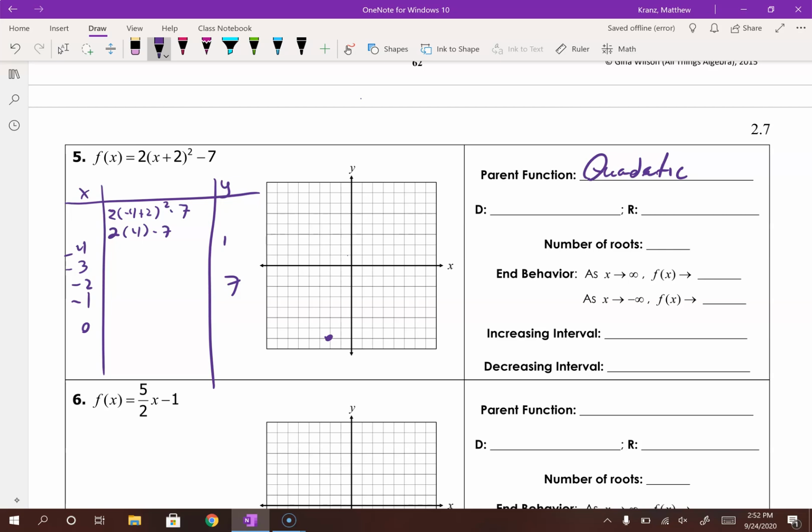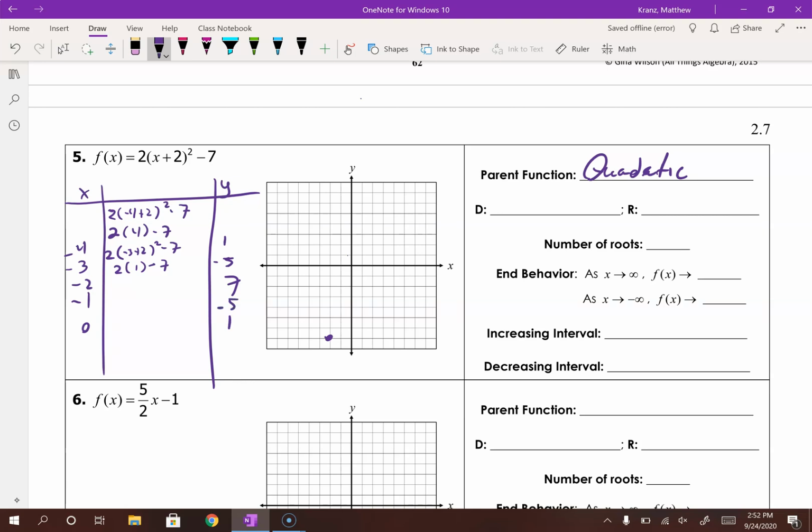All right, so now we have a -3. So 2 times -3 plus 2 is -1 squared minus 7. So 2 times -1 squared, which is just 1. So 2 minus 7 gives me a -5. All right, we have our -2, -7, so we should get the same thing over here.